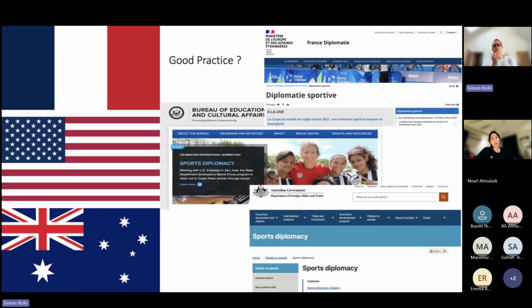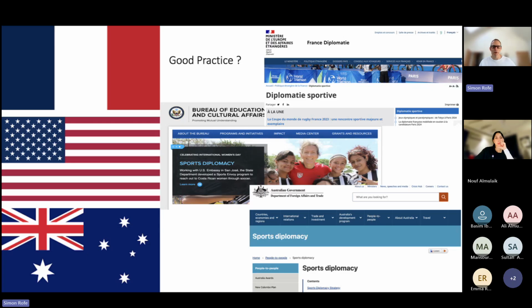There are other perhaps longer standing examples. The French, certainly in the lead up to the 2024 Paris Paralympic Games, developed a diplomatie sportive approach, starting with the Rugby World Cup in 2023 and then into the Paris Games. The United States is a fascinating example in and of itself. The degree to which the current administration engages in this, fascinating.